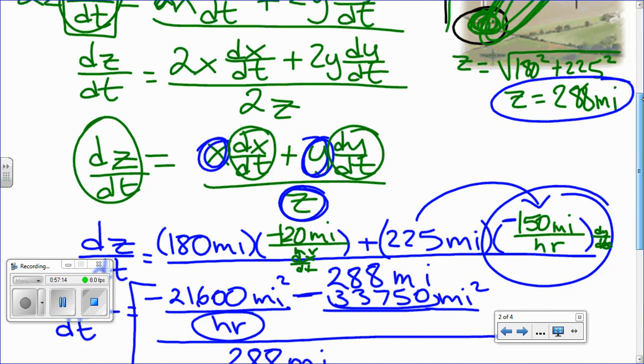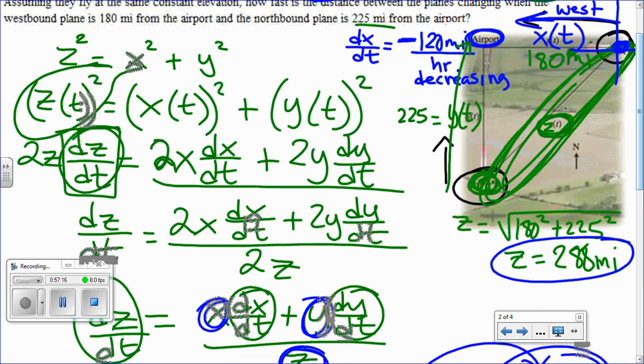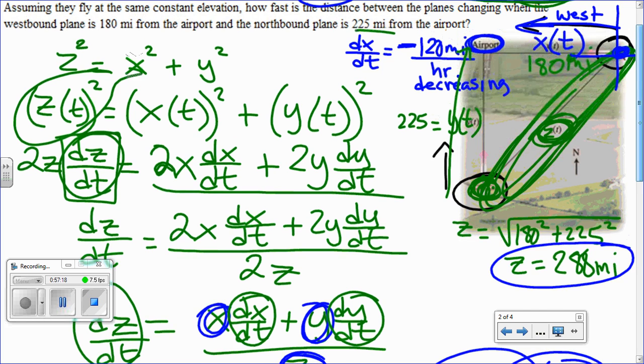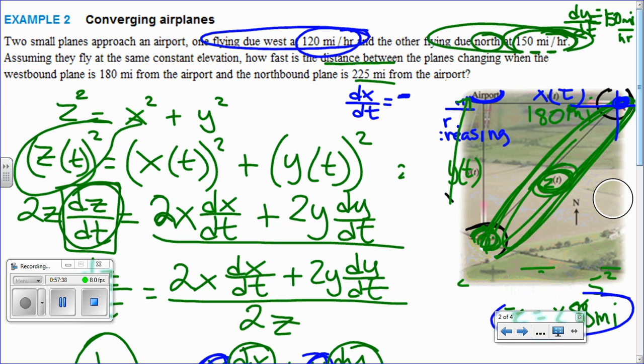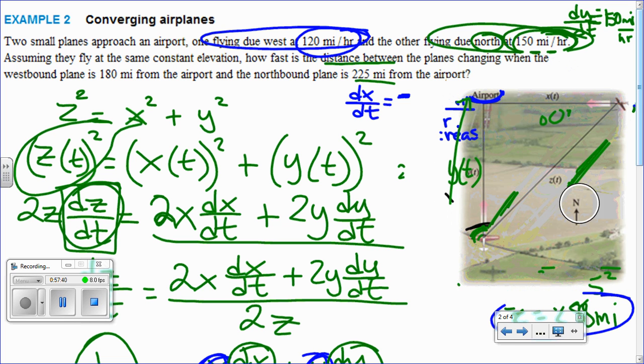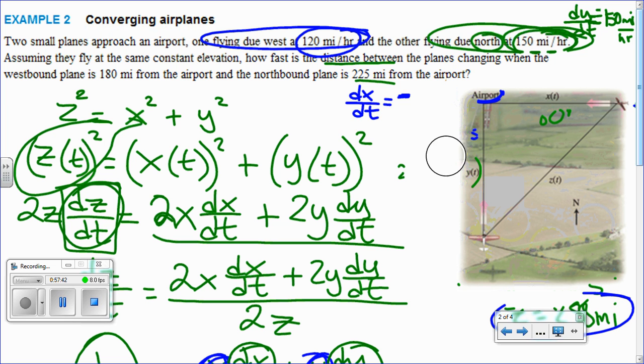The answer that we were looking for was how fast is this one changing, but I'm going to reread the question. It says, how fast is the distance between the planes changing when the westbound plane is 180 miles from the airport and the other one is back. I'm going to erase some of my stuff here. So think about when those two planes get closer.